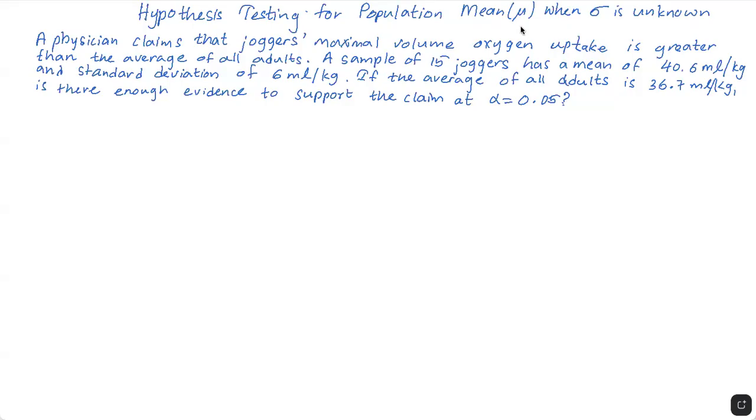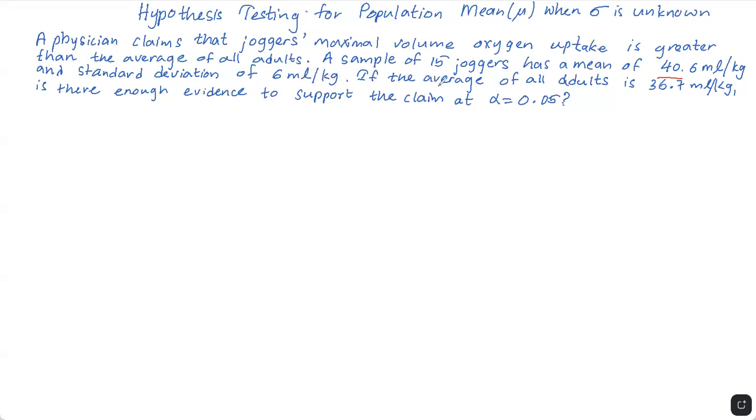So today I'm going to talk about hypothesis testing for population mean when sigma is unknown. So let's look at the example. A physician claims that jogger's maximal volume oxygen uptake is greater than average of all adults. A sample of 15 joggers has a mean of 40.6 milliliter per kilogram and standard deviation of 6 milliliter per kilogram.